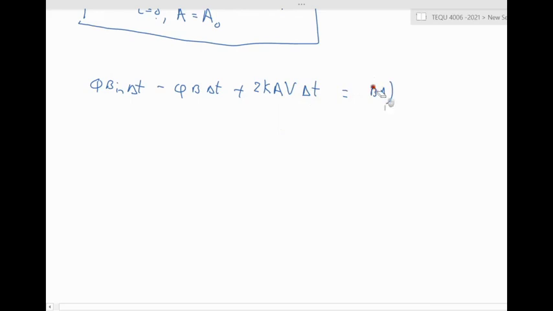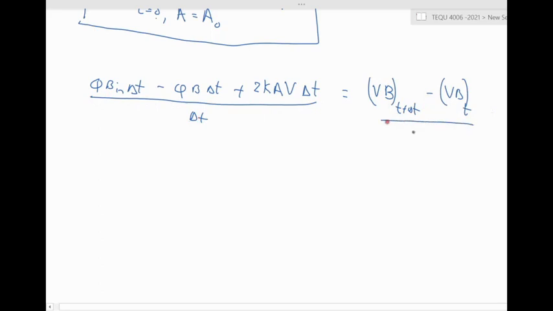That would be, sorry for that, it will be volume times B at a time T plus delta T, minus volume times B at a time T, again divided by delta T, all expressions at the limit when delta T tends to 0.